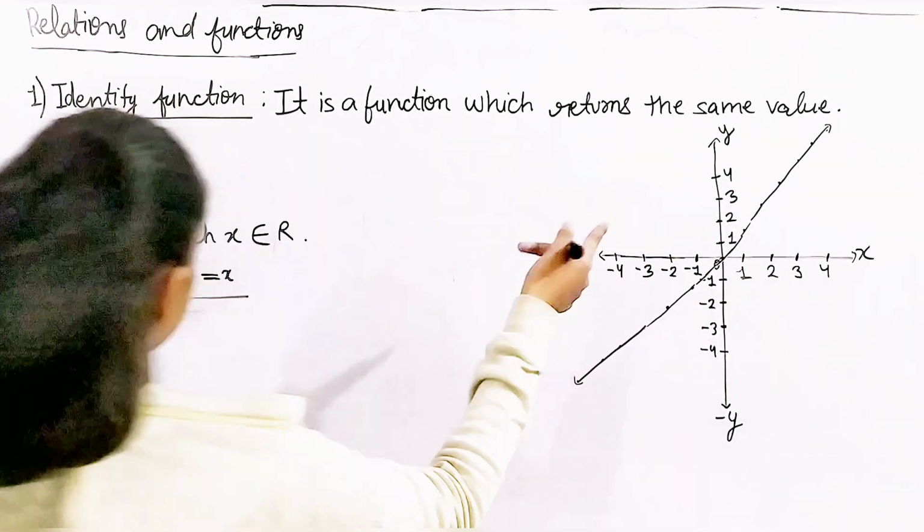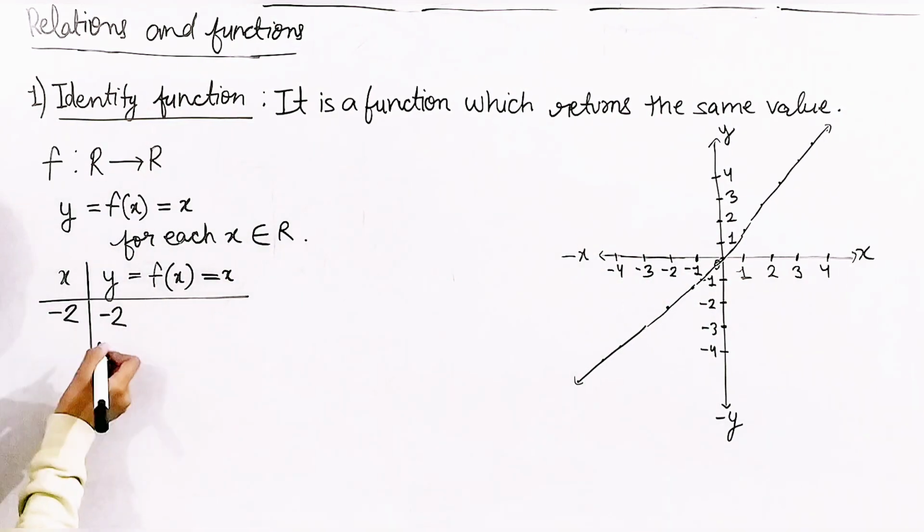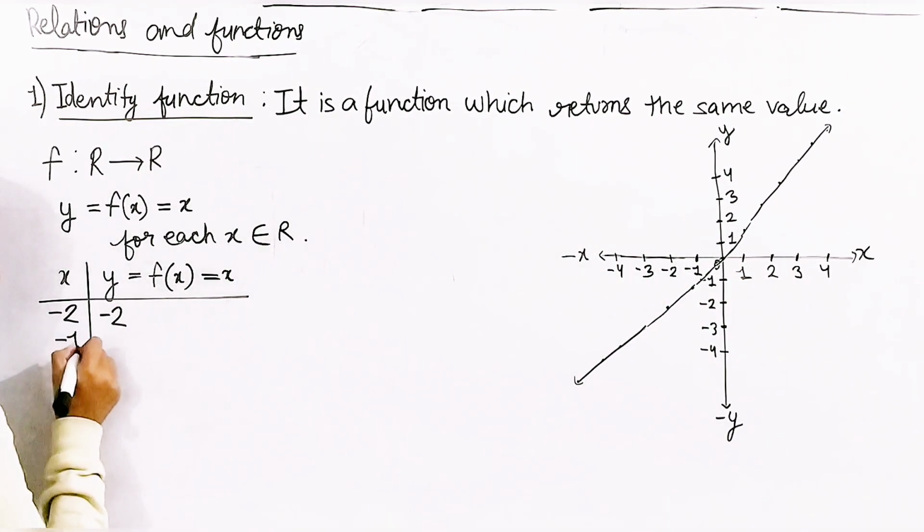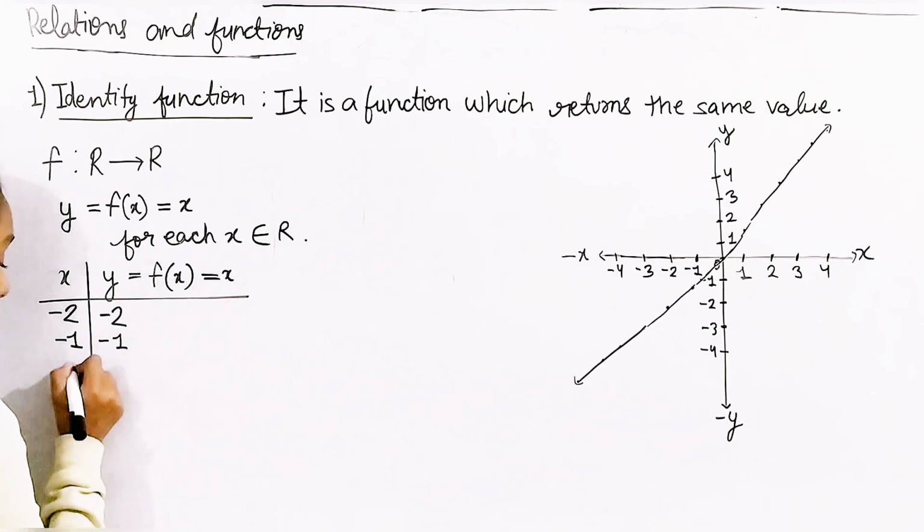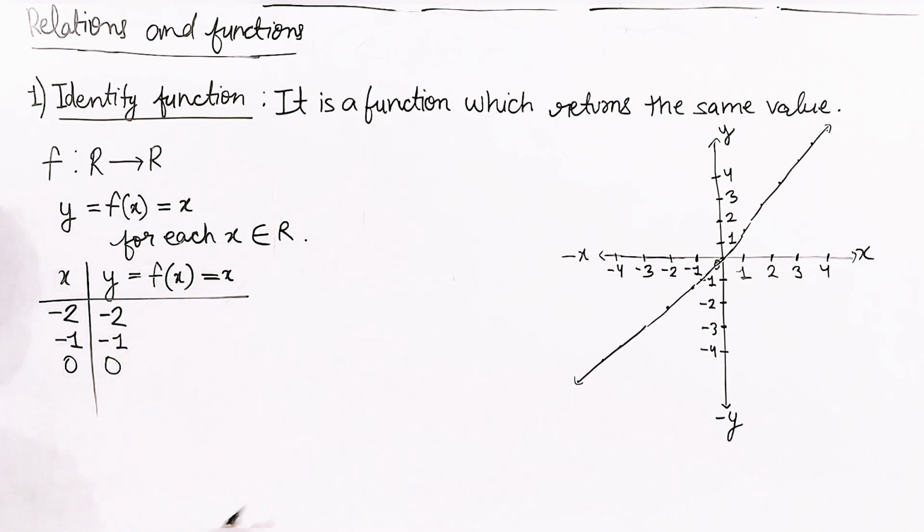Okay, this line. Yeah, and if I'm going to say it's -1, then it's also going to be -1. If 0, then this is also going to be 0. If 1, then this is also going to be 1. And if I'm going to say 2, then this will also be 2. Why? Because it's going to return the same value.